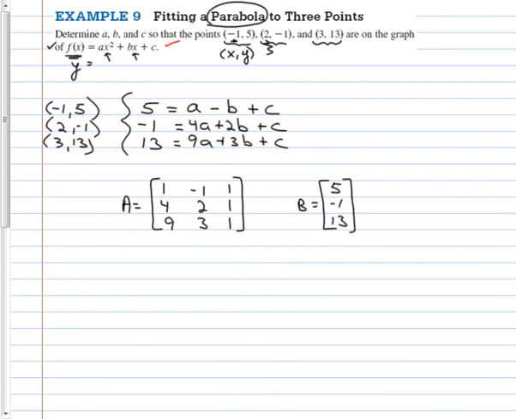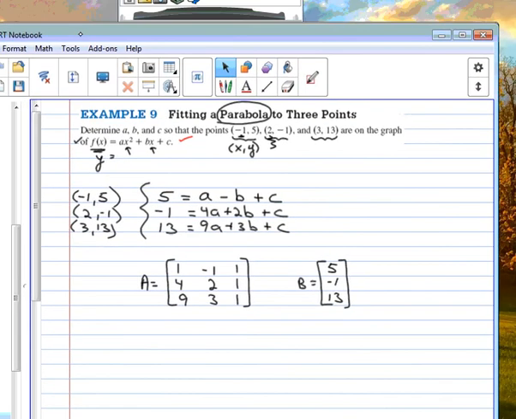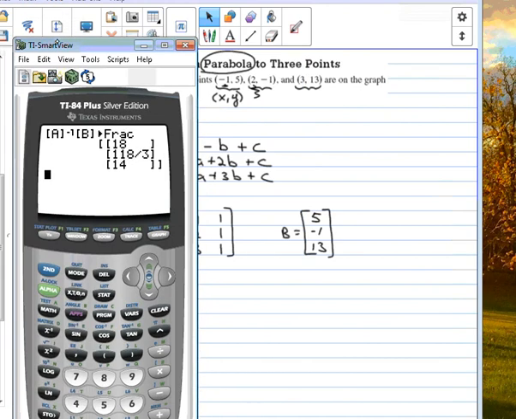And it's now a race. Who can enter it in their calculator faster and get the right answer? I can't even find my calculator. There it is.